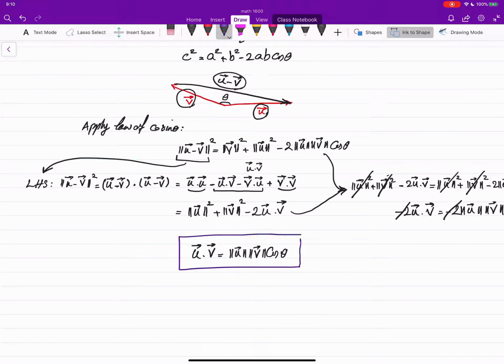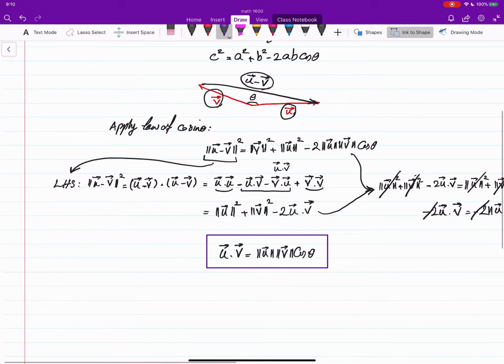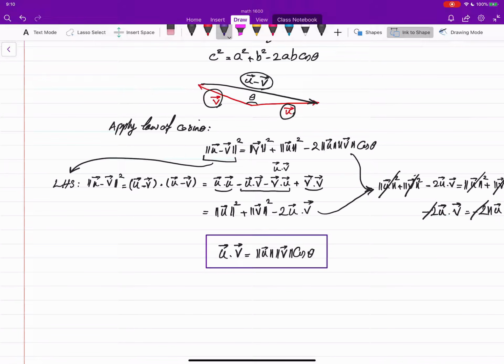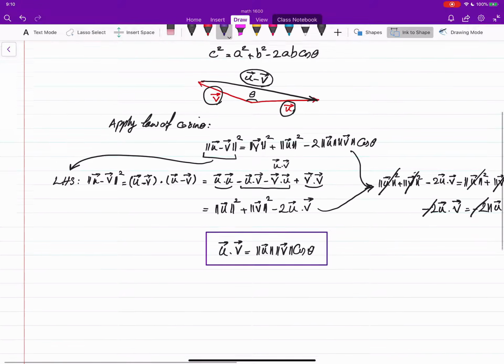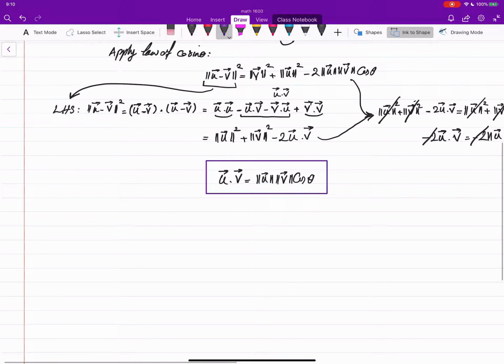This is a good new formula, and we can use it in two ways. One of the ways is that, okay, see, u dot v, as I said, we had a recipe for that component wise. So you do it using the components, but now the right-hand side, if someone gives you the length of u and length of v and the angle between them, you don't need to know what the components of u and v are.